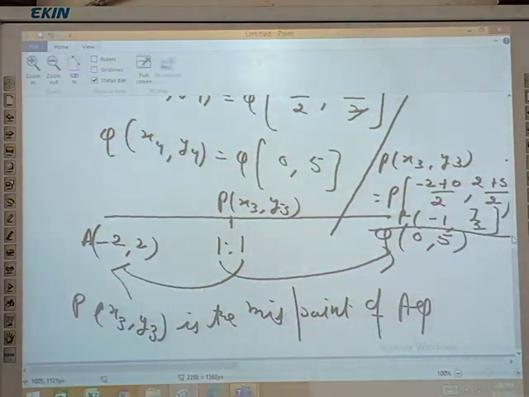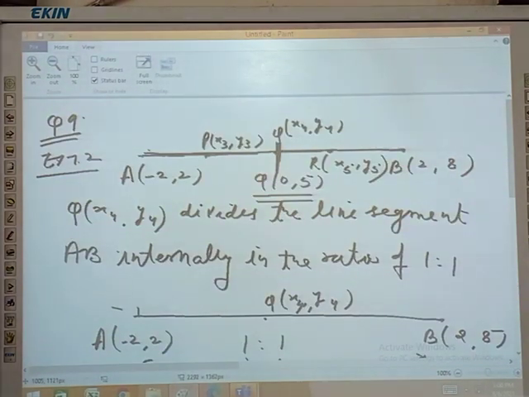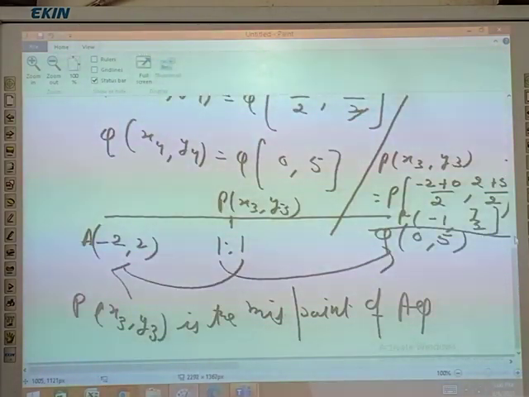Now it is your P, Q, and R. Your next point is R (x5, y5). R (x5, y5) is the midpoint of QB, (0, 5) and (2, 8). Have you done? Yes, sir. Okay.